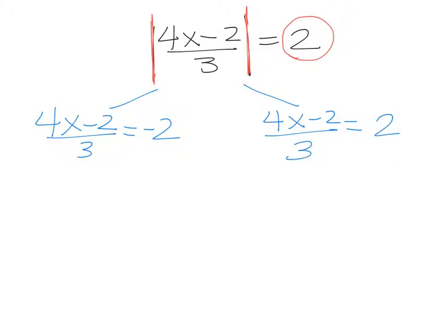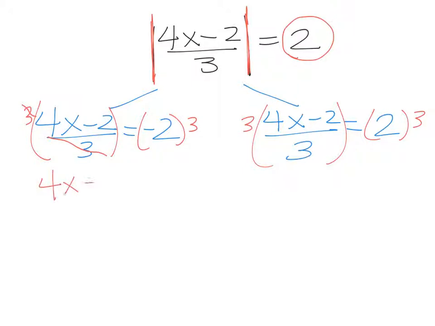So the way you can get rid of the fractions is by multiplying both sides by the common denominator of 3. When you do that, on the left-hand side, the fraction is simply going to cancel, which is going to leave you with 4x minus 2. And then on the right-hand side, you'll have your negative 6. For your other equation, the fraction will cancel, 4x minus 2. And on the right-hand side, positive 6.